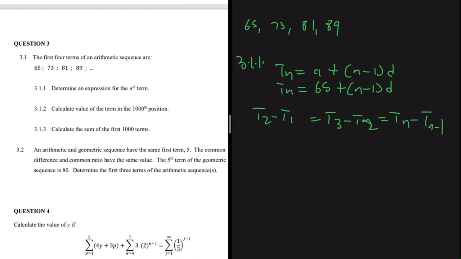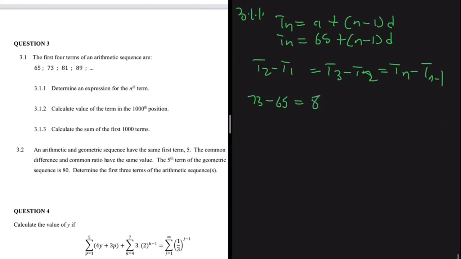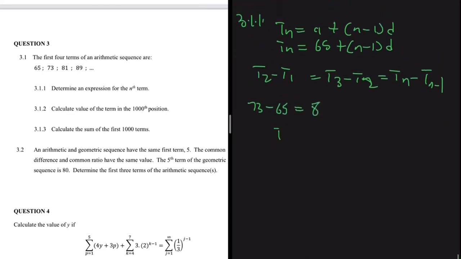So let's take T2 minus T1 and see what we get. So T2 is 73, and T1 is 65, and if you find the difference of that, you get 8, right? So now we can say Tn is equal to 65 plus n minus 1 multiplied by 8.